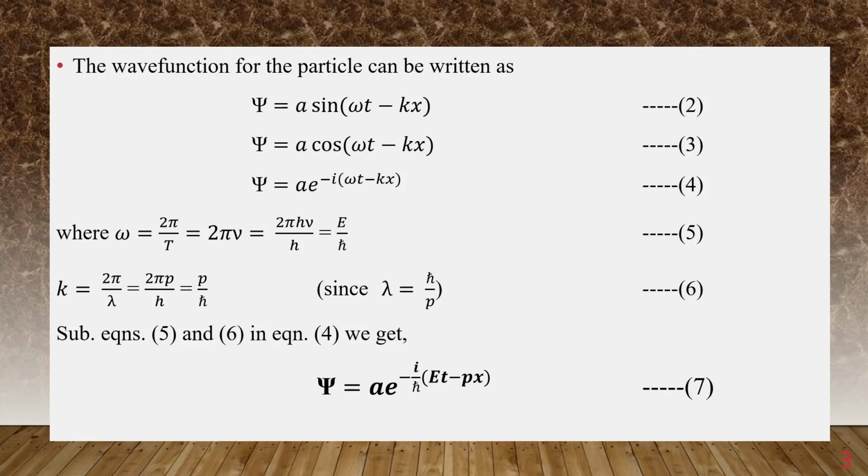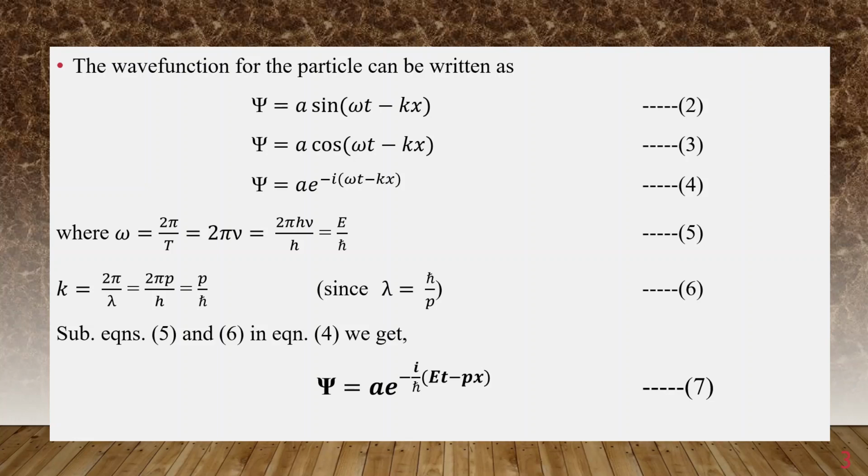In sine form, psi is equal to a sine omega t minus kx, equation number 2. Or psi is equal to a cos omega t minus kx, equation 3. Or psi is equal to a e raised to minus i into omega t minus kx, equation number 4.